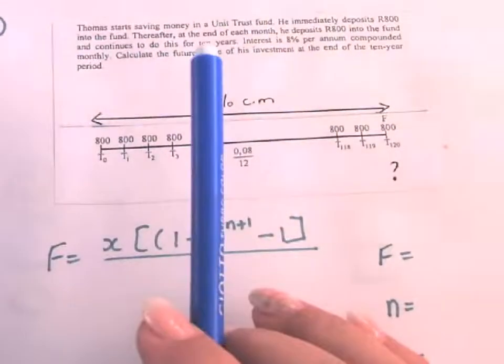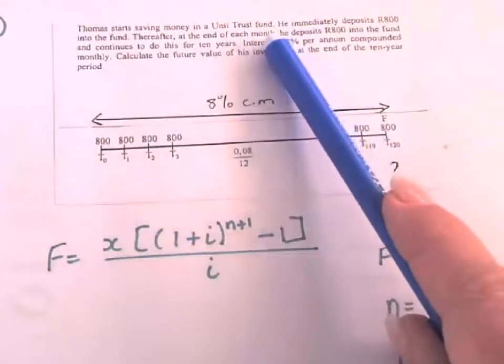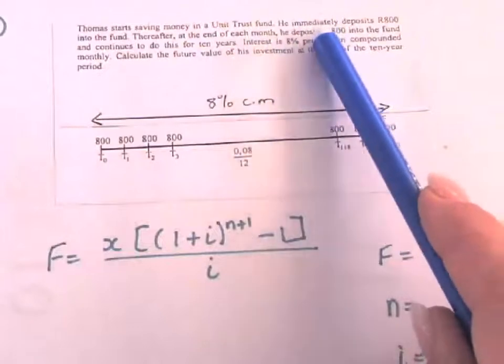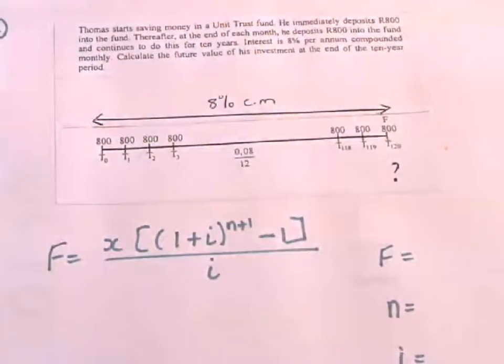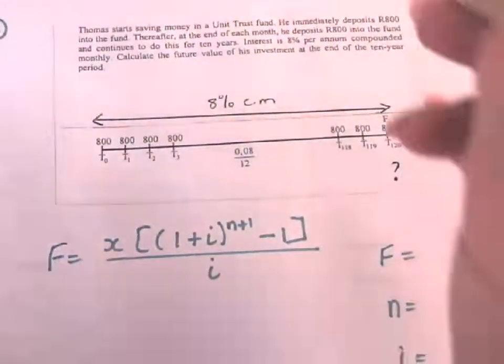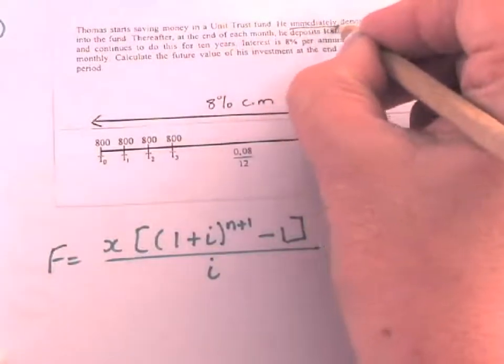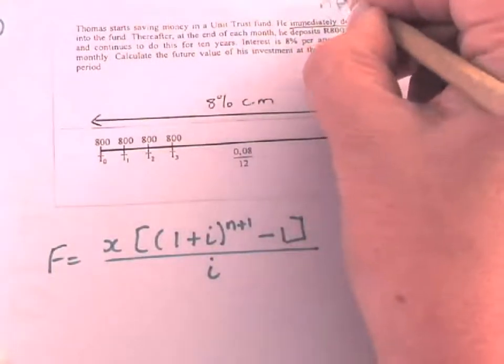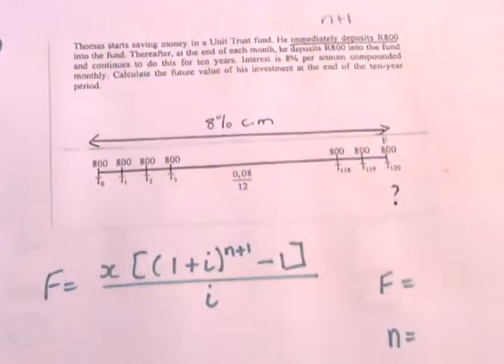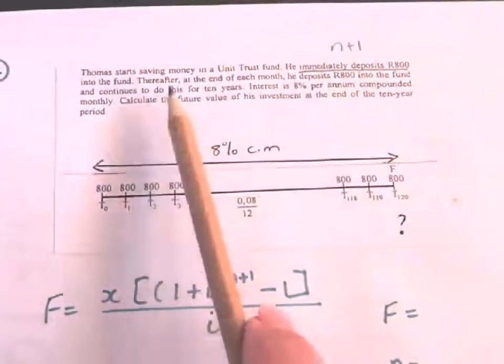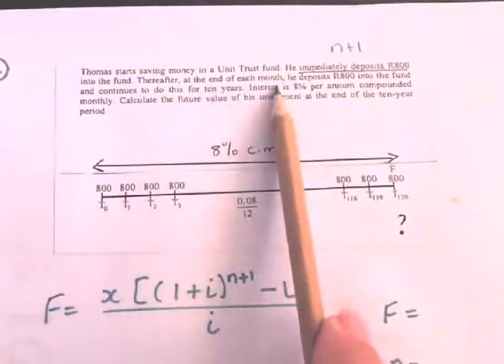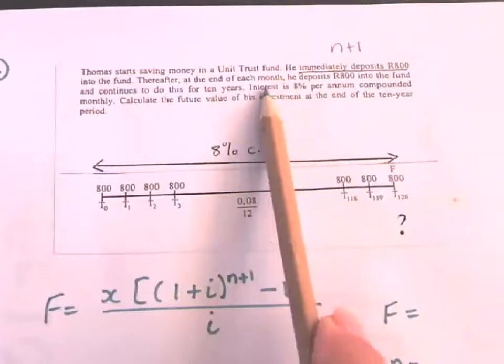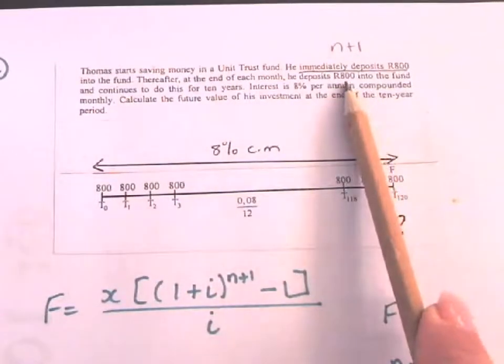Thomas starts saving money in a unit trust fund. He immediately deposits, so that means n plus 1, into the fund. Thereafter, at the end of each month, so it's monthly, he deposits another 800 Rand every month.